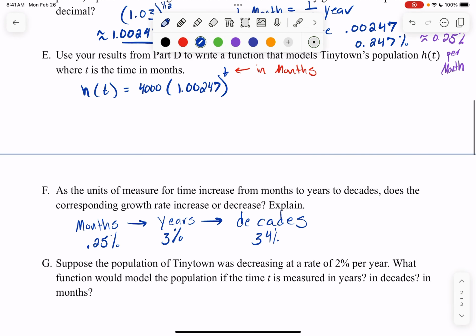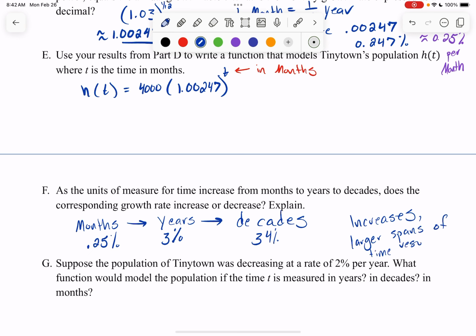So that growth rate increases. And that makes sense. If we're talking about population, the growth rate from month to month isn't going to be as much as we look at from year to year. And it's going to be even more if we go from decade to decade. Okay? Because they're larger spans of time, it results in larger growth.